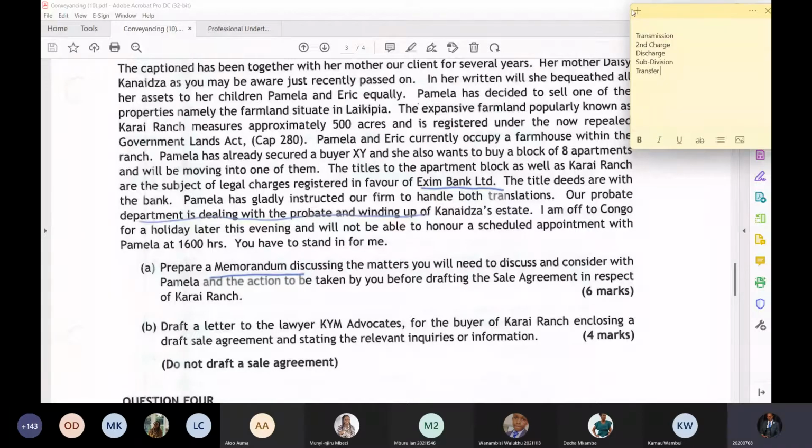Can we also discuss with Pamela whether she intends to buy out Eric from the farmhouse? It will be discussed maybe under subdivision, because if Eric were bought out, she can take his share and sell the whole thing. Okay, that's fine.